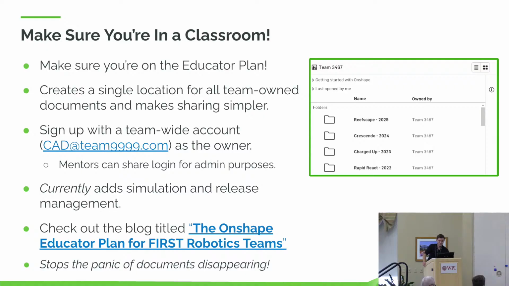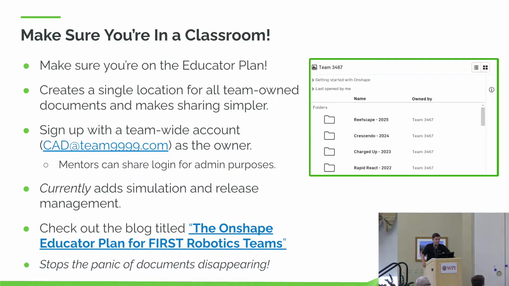This is something we rolled out, I think a year ago, 2 years ago, I don't remember, it's been a little while. But what's nice about the educator plan for FRC is that it creates a single location, a single entity that owns all of the Onshape documents, all of the folders.